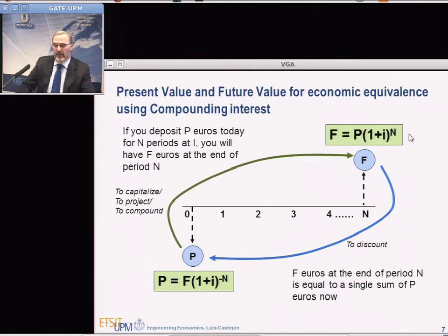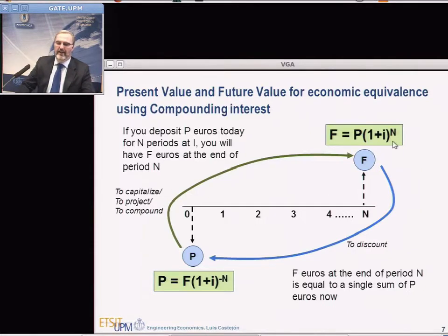The future value, we know, is the general compound interest: the principal amount times bracket 1 plus a to the nth power. What do we call this process of moving the money from today to the future? We use the terms to capitalize, to project, or to compound. These are synonyms: to project a present value to a future value, or to capitalize a present value to a future value, are the same concept.